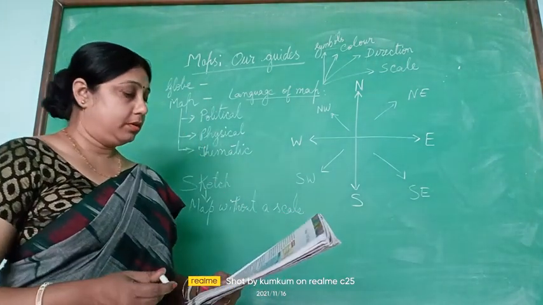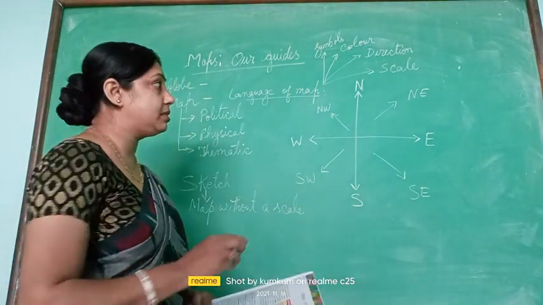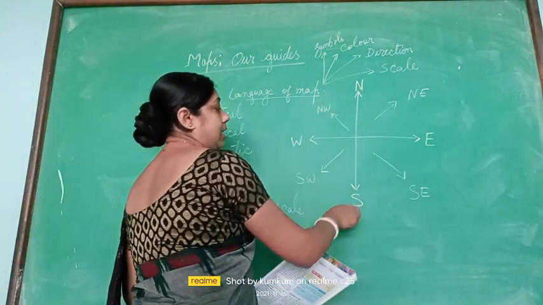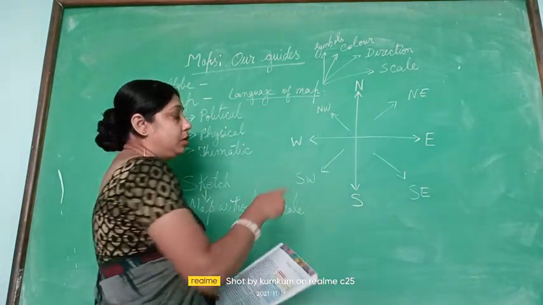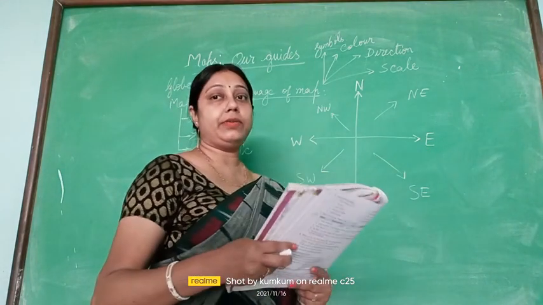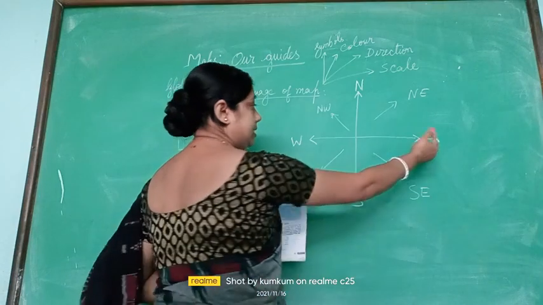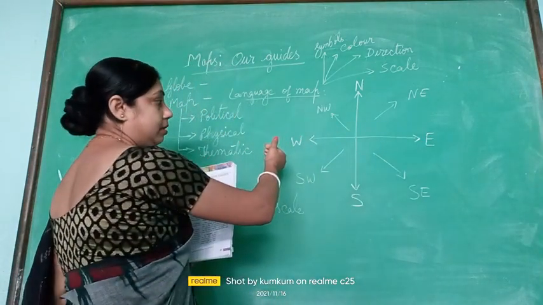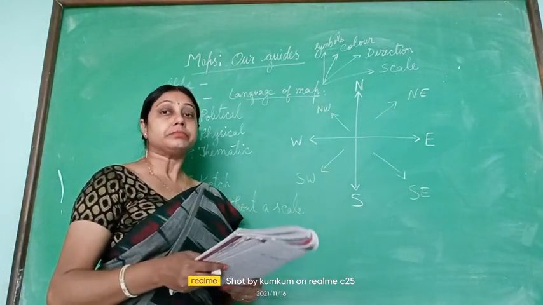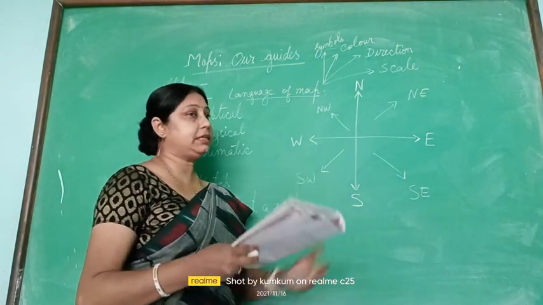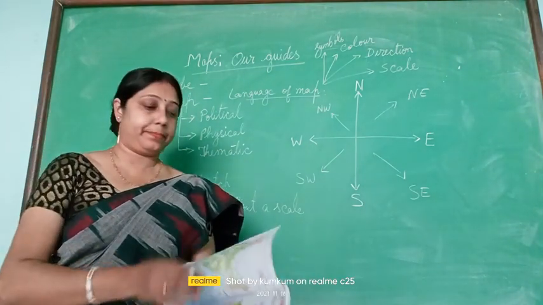They are universally the same wherever you go. Towards the top it is north, toward below it is south. When you are standing facing the direction, towards your right side is east and to the left side is your west. So these are the 4 major directions which you should know to study the map.